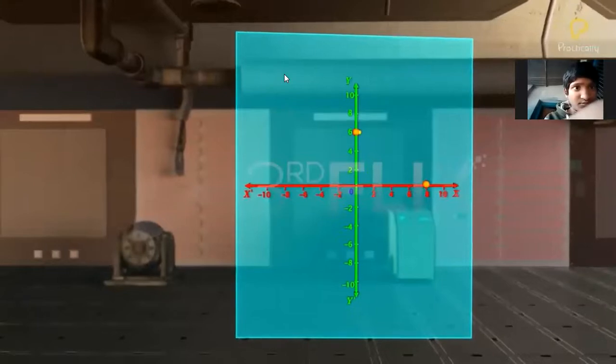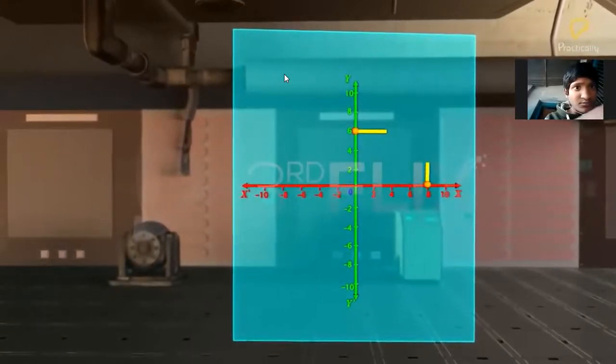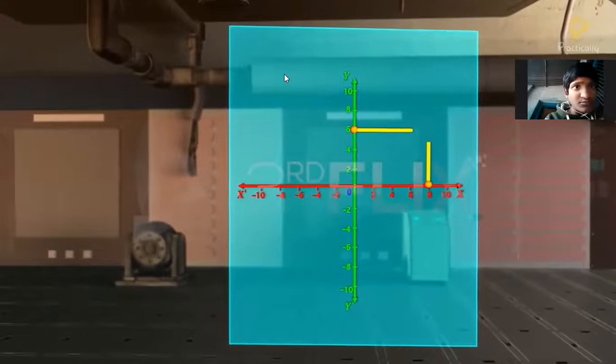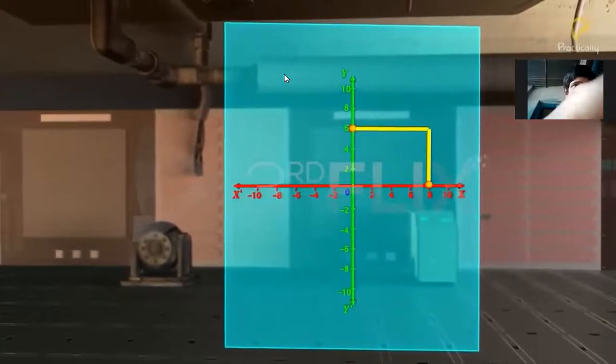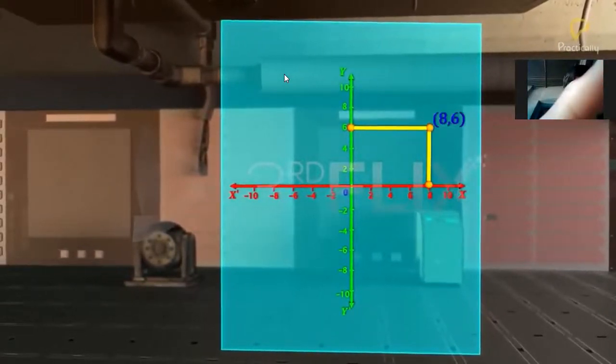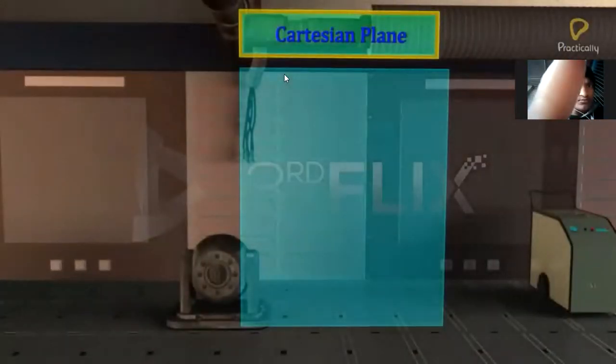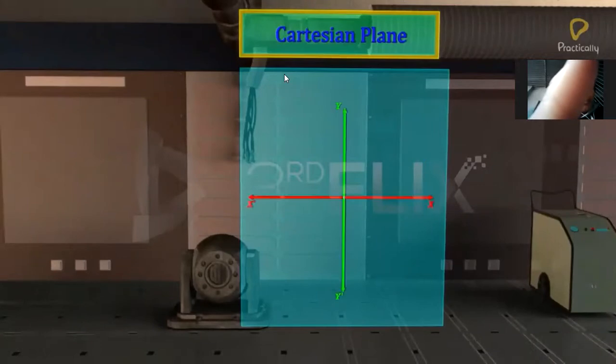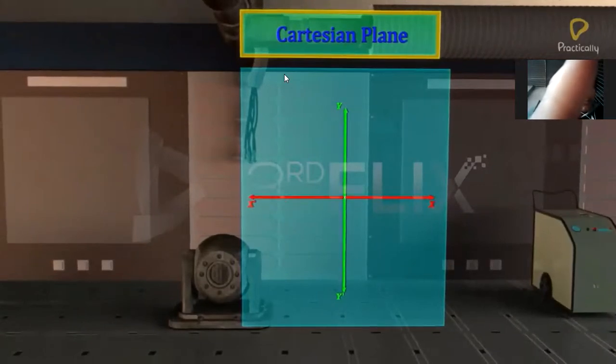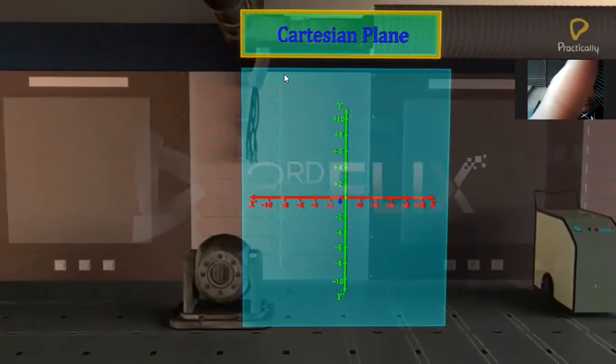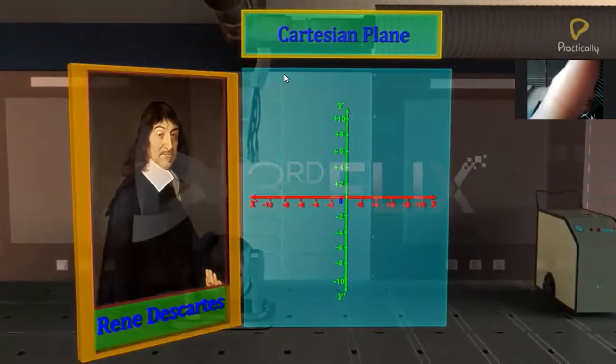If we were to place a point on the plane, coordinate geometry gives us a way to describe exactly where it is by using two numbers. Cartesian plane. A plane is divided into four quadrants by two perpendicular lines in a Cartesian plane, which is named after René Descartes.